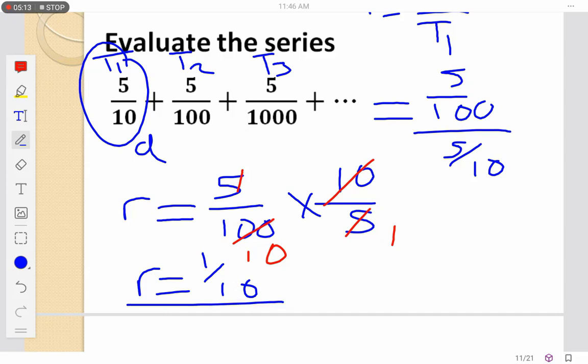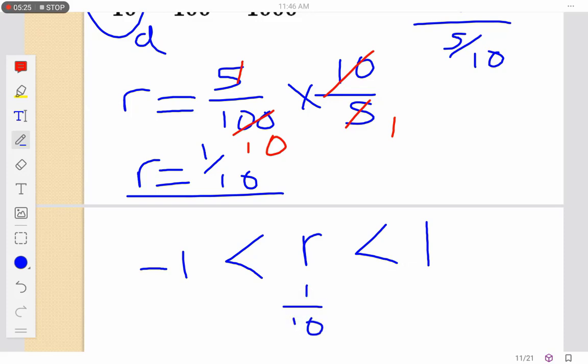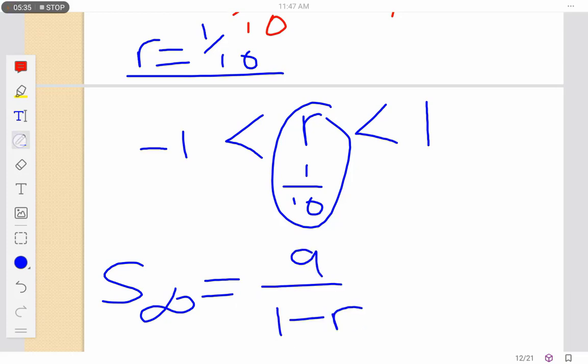Now I've got my R, and you can see my R is within the range of -1 < r < 1, because it's 1 over 10. It's within that range. Now, the sum to infinity becomes A over 1 minus R. Let's substitute.